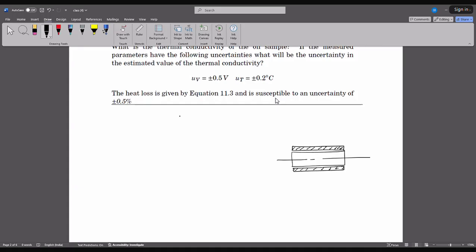And you have then the sample, which is here, and the ends are insulated.